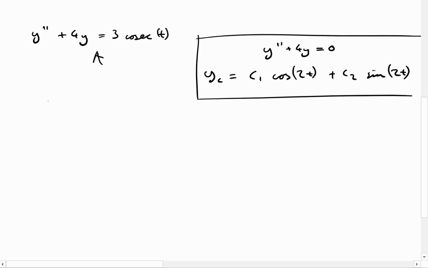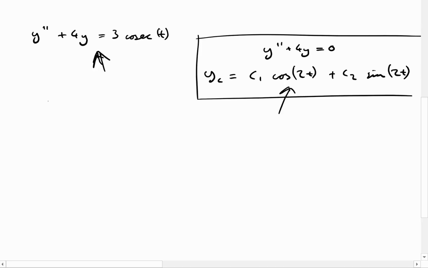And I said that variation of parameters works in a similar way to the method of undetermined coefficients, in the sense that we have to use this complementary solution to build a solution for our non-homogeneous case, okay?